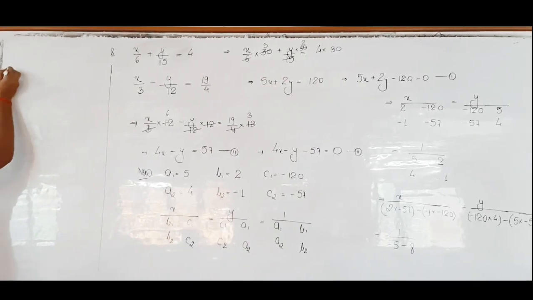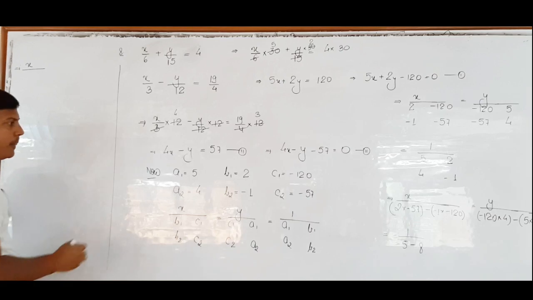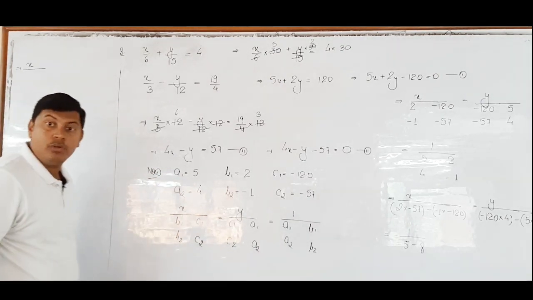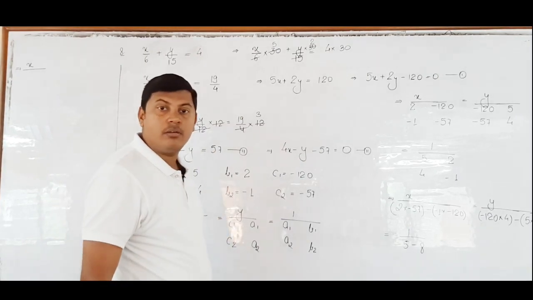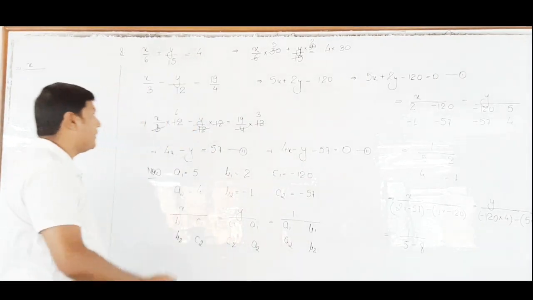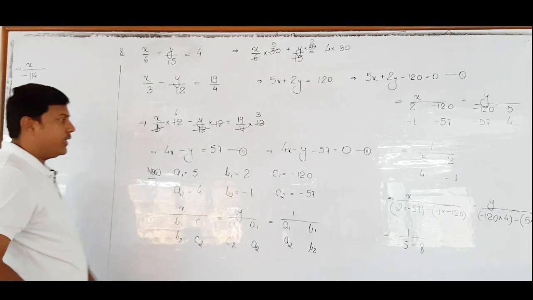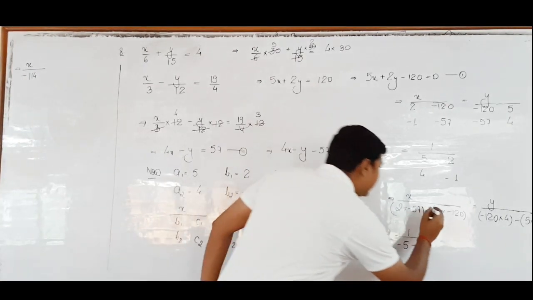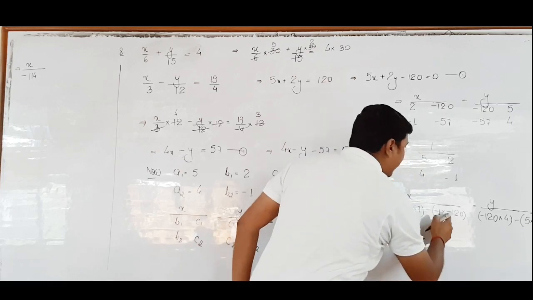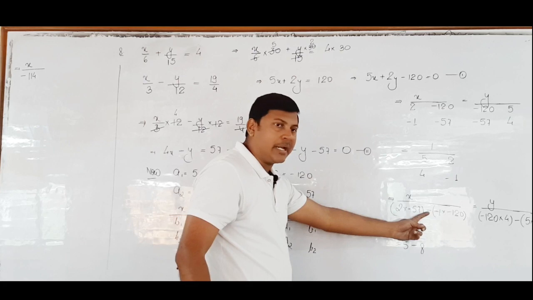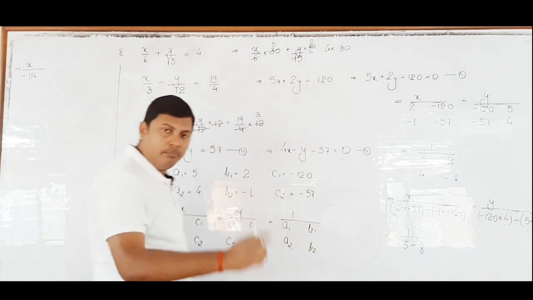So, x by 2 into minus 57 is equal to minus 114. Now, minus into minus is plus 120, but when you open the bracket, minus into plus will become minus.